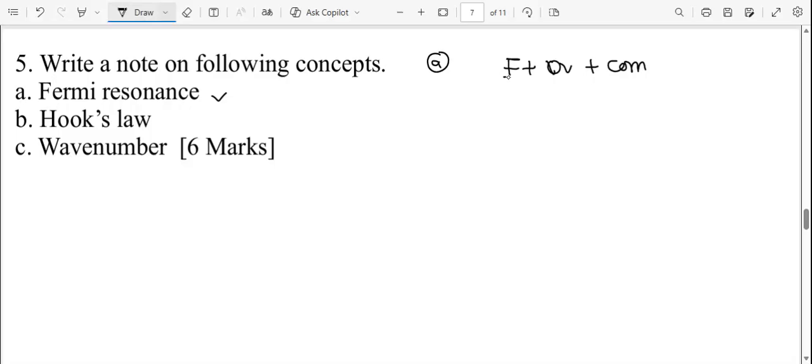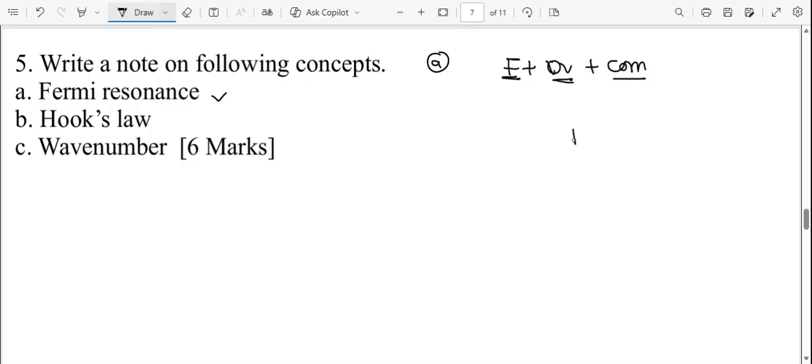So Fermi resonance is the interaction of fundamental vibrations, overtone vibrations, and combination vibrations of the same energy, because things only combine when they have the same energy, and it will result in band splitting and intensity change.